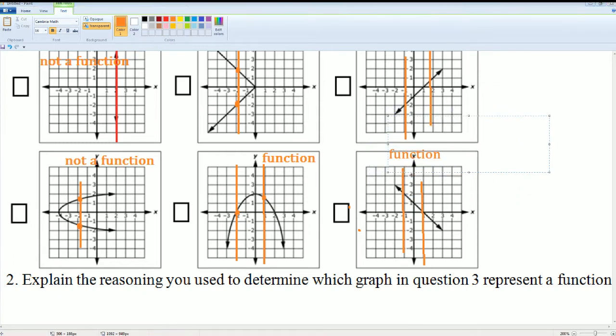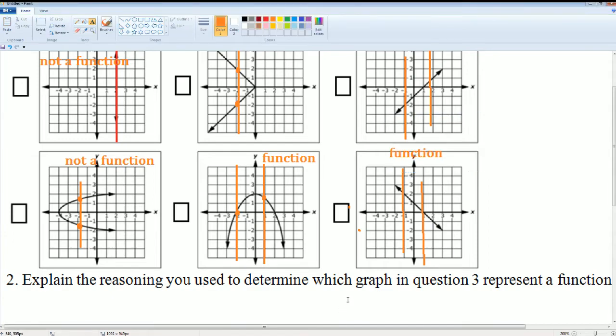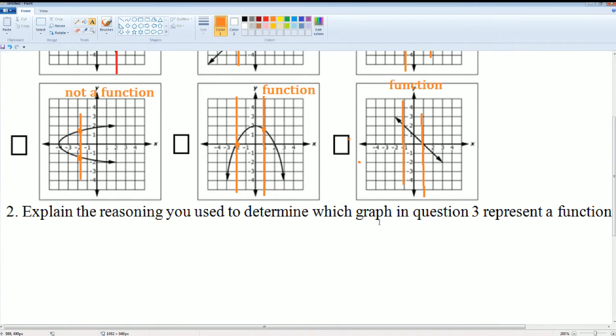Now, explain the reason you used to determine which graphs in question 3 represent a function. So how do we explain it?